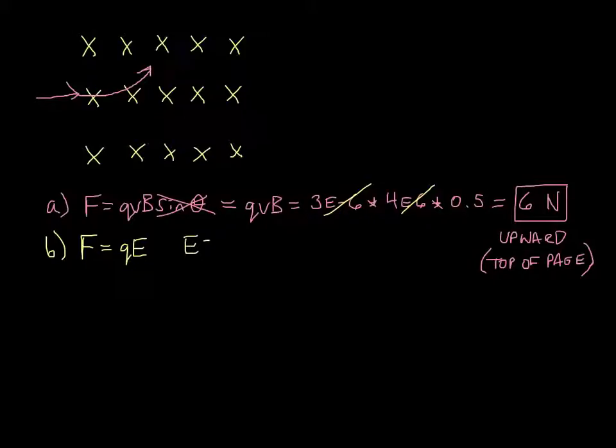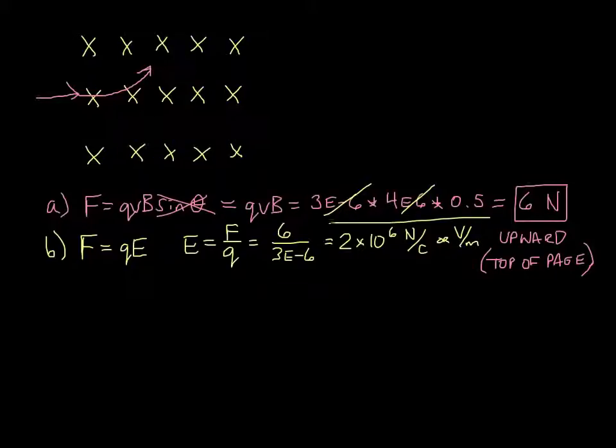So I want to rearrange this equation for E, which is F over Q, take the F that we just solved for, this 6 newtons, divide by the charge, which is 3 times 10 to the negative 6, and that gives you an electric field equal to 2 times 10 to the 6. And the units of electric field are either newtons per coulomb or volts per meter.